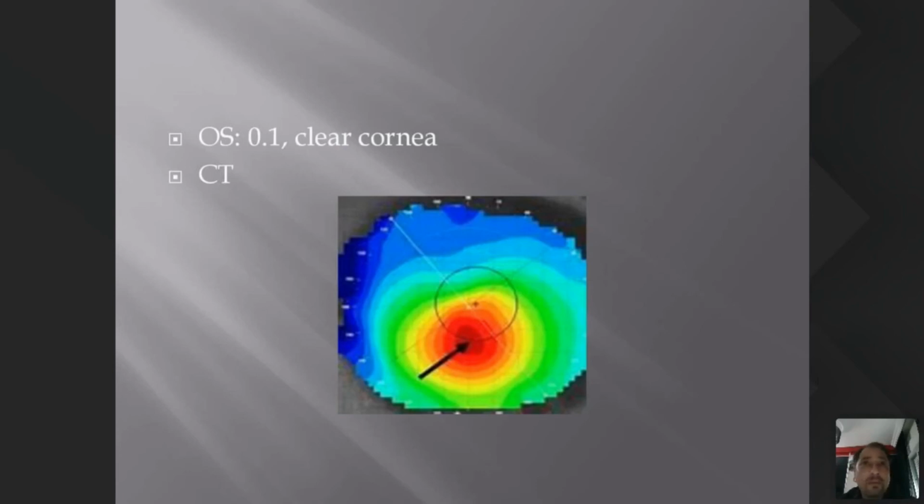If it's less than 450, 400 to 450, and you want to do the epi-off procedure, you have to use the hypotonic saline in order to swell the cornea and take it to a higher thickness. And if it's less than 400, this is a real challenge. Would you cross-link it? The classical teaching is that you cannot cross-link a cornea below 400 because of the risk of endothelial damage, okay?